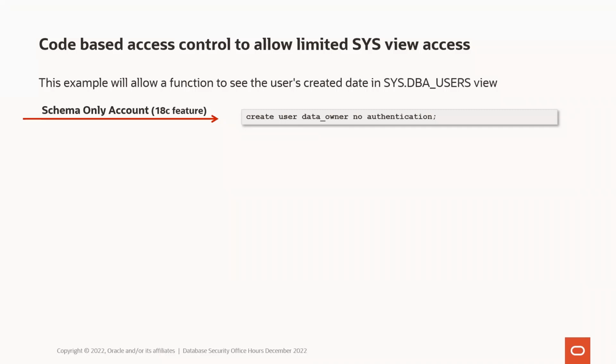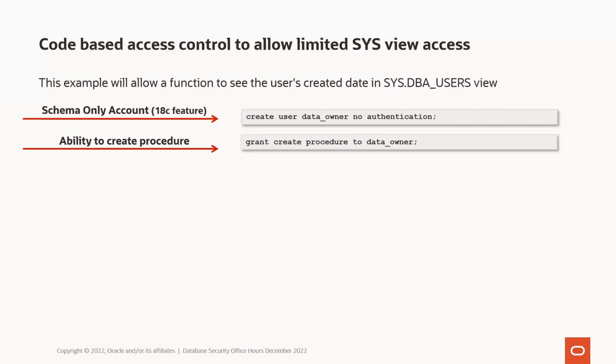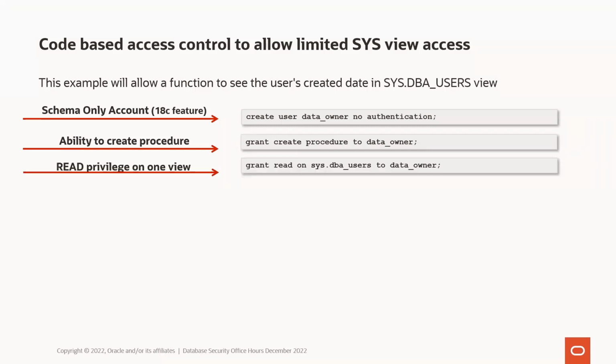Even if we granted it create session, it couldn't create session. This is where we're going to store our procedure. And so the only privilege data owner needs is create procedure. We do need to give it read on that view in order for it to compile this procedure. Now there's ways around that I'll show you in a second, a more advanced example with dynamic SQL.